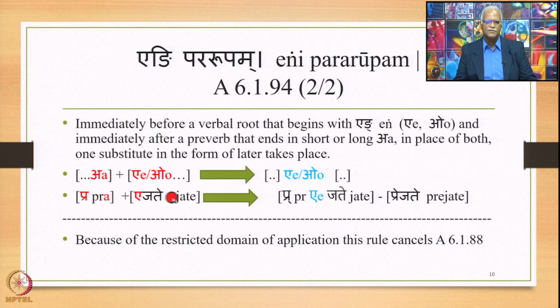So you have pra plus ejate, where a appears at the end of this preverb and a appears at the beginning of this verbal root eja, and so they are in close proximity. A plus a is the situation, and in this limited environment, which is by default the environment for Vriddhi Rechi to apply, that gets cancelled and 6.1.94 applies because of this limited environment, and you have pr, a and jate, prejate as the generated output.